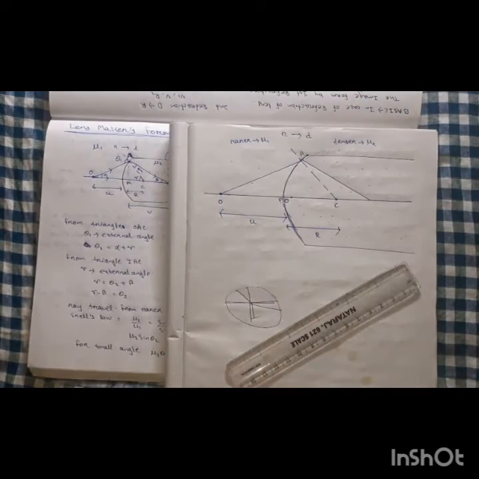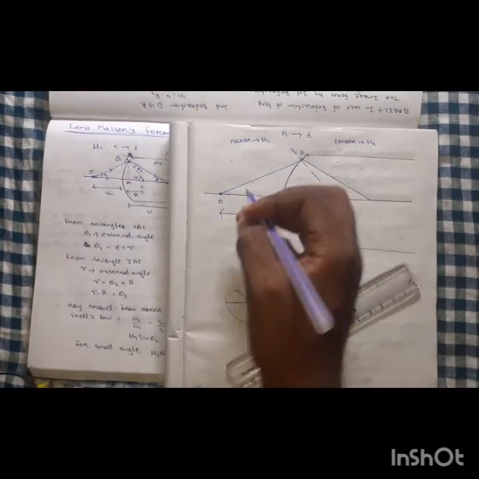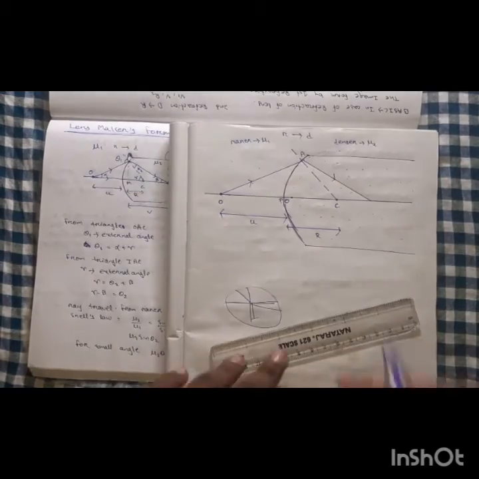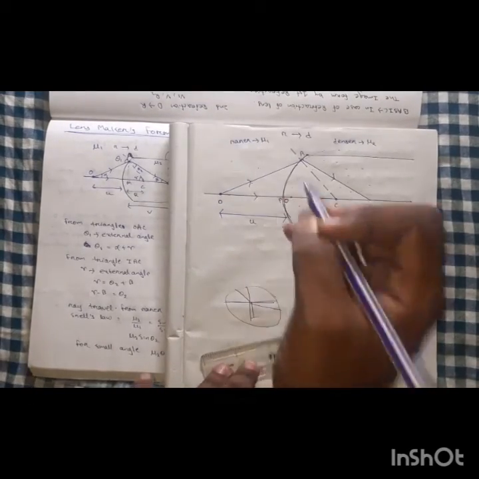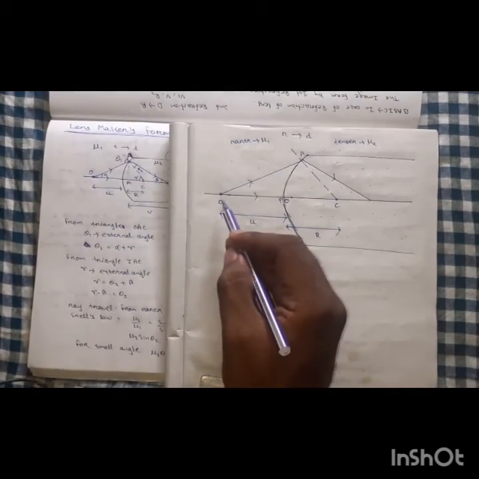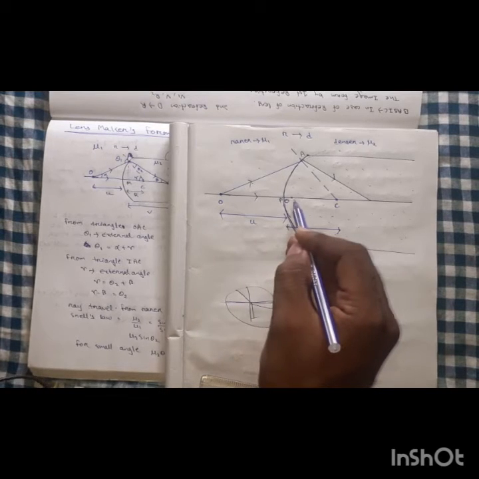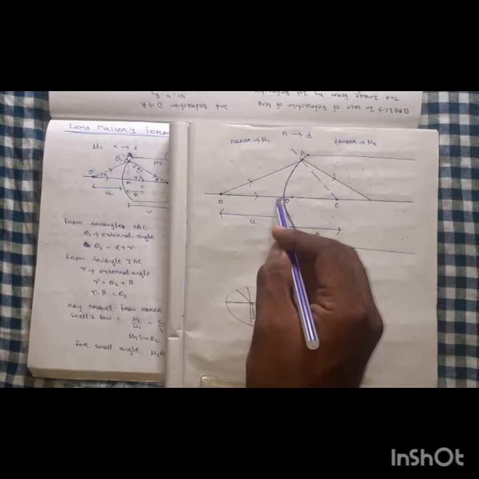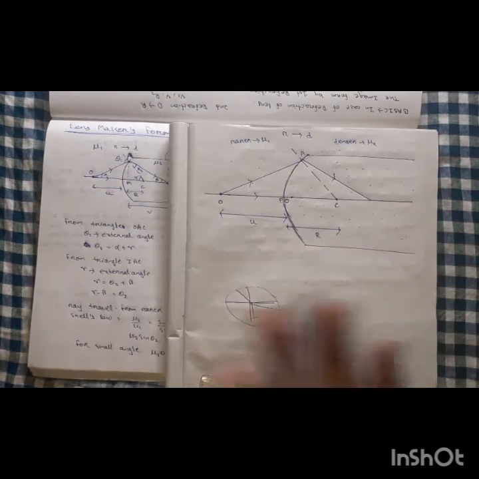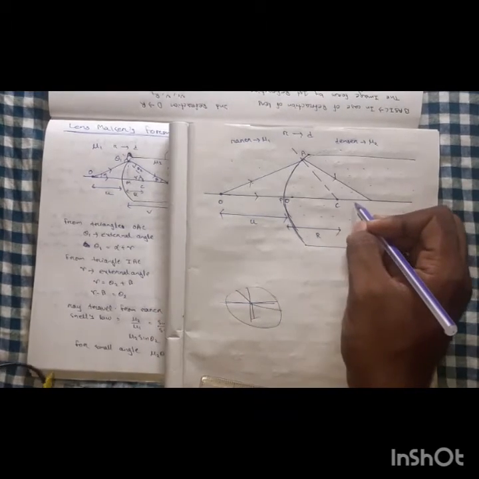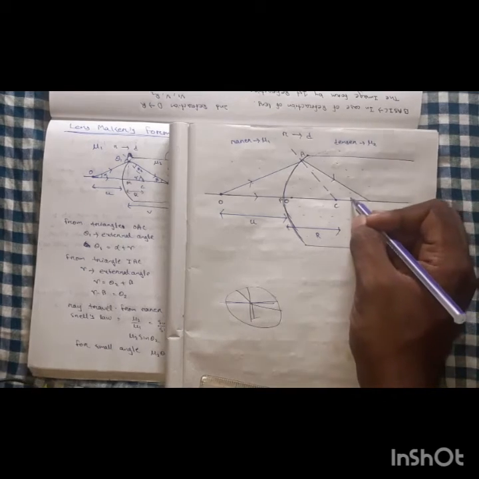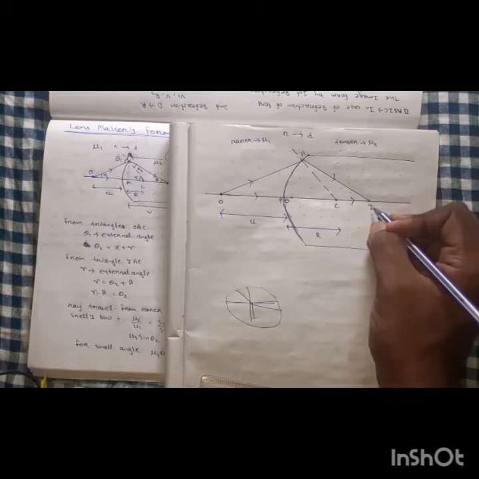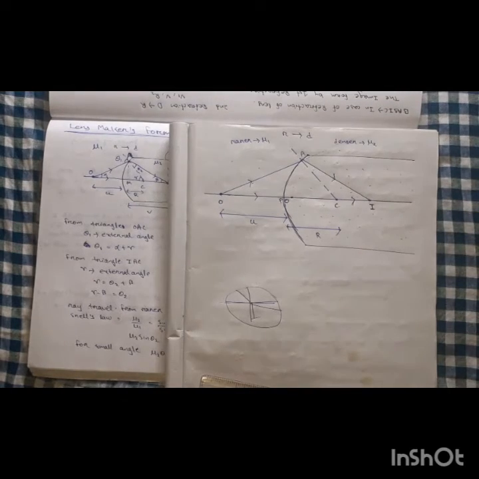And this is one ray from the object, and this is another ray from the object. We know that if any ray travels through the optical center, its path stays in the same direction, with no deviation. Then the other ray meets at this point, so an image is formed.